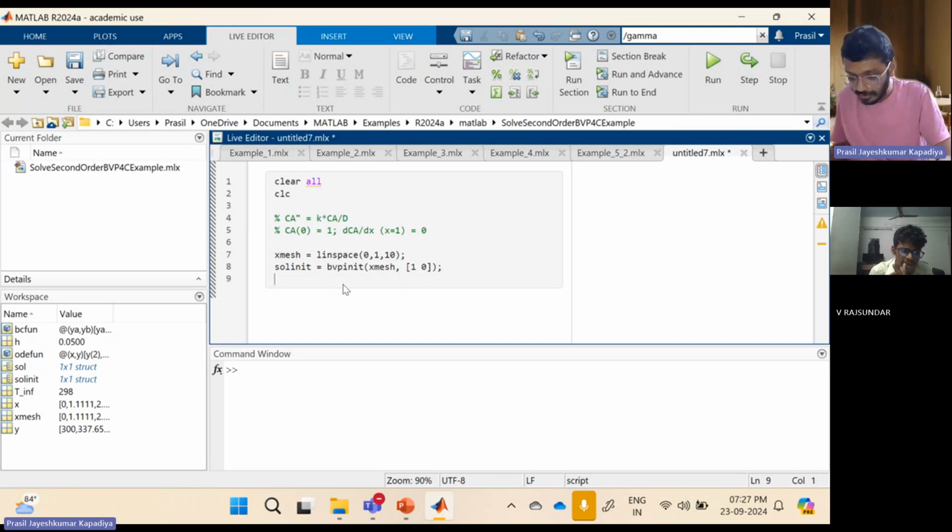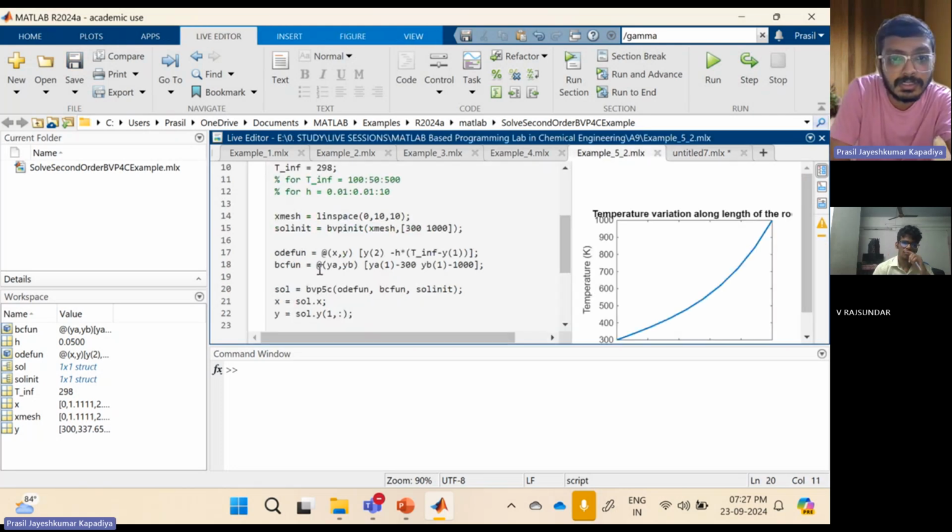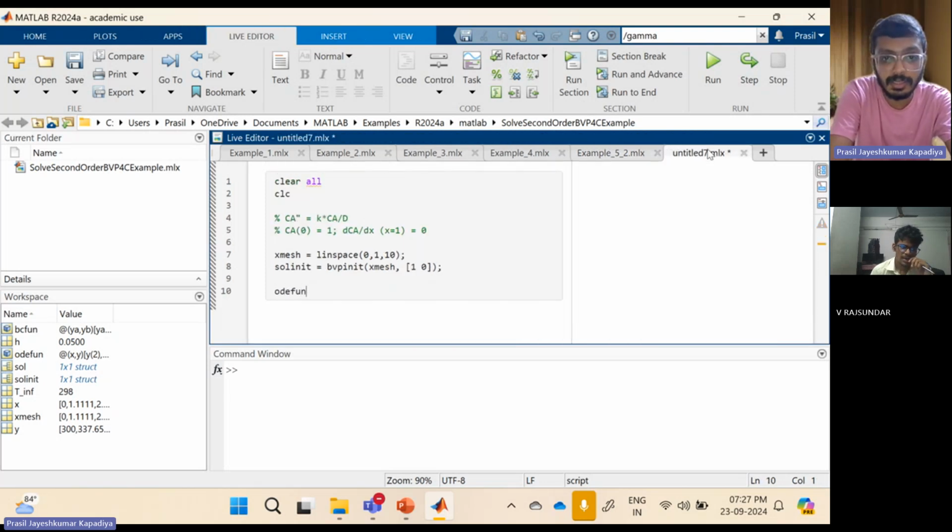Okay, so let's first define our equation. I just want to be consistent with the name. ODE function is equal to, at the rate, instead of writing my function below, I'm writing the equation here.